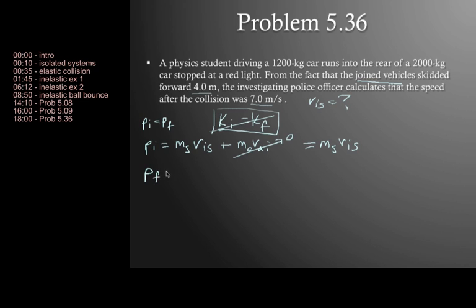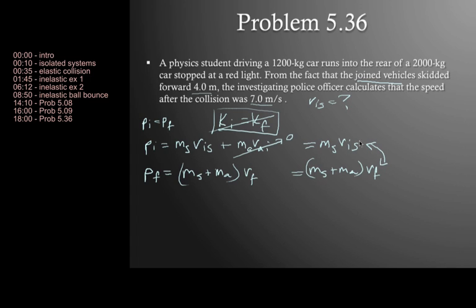Our final momentum is given by how fast the combined wreck is moving, so we're given this V final. So here we have the mass of the student plus the mass of the stopped car, times V final. I know from momentum conservation that these two are equal to each other.